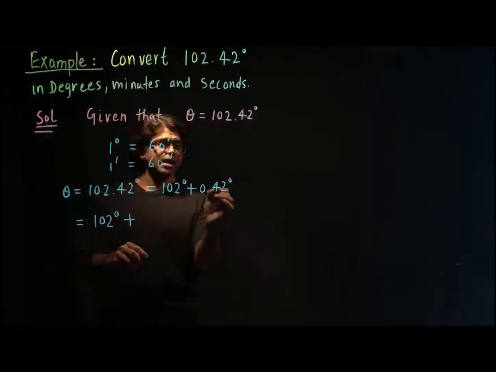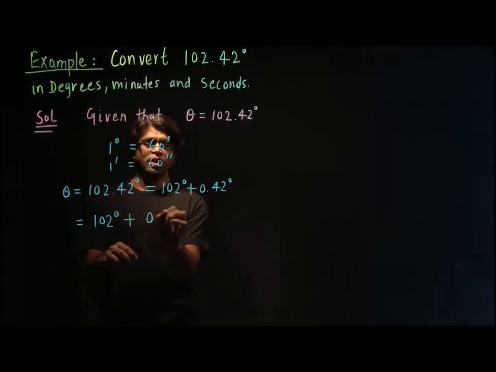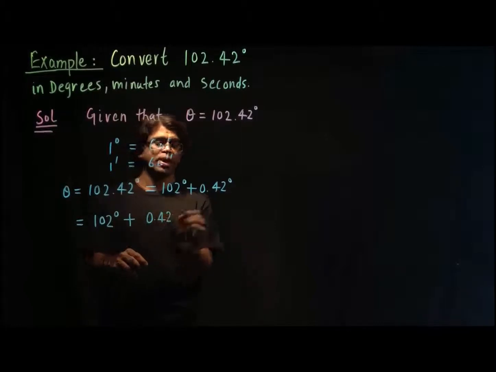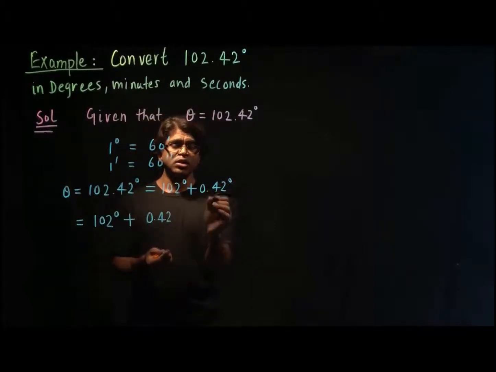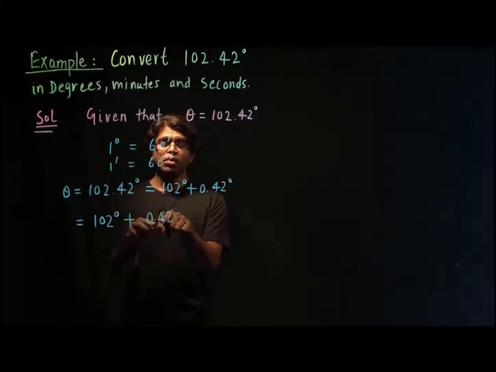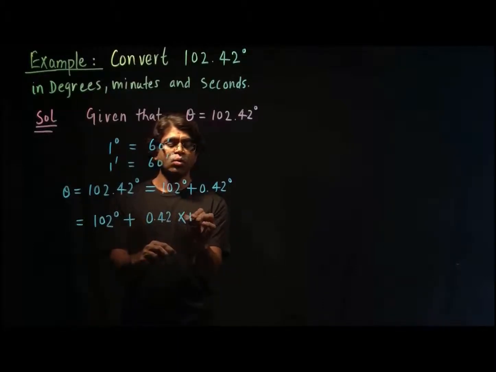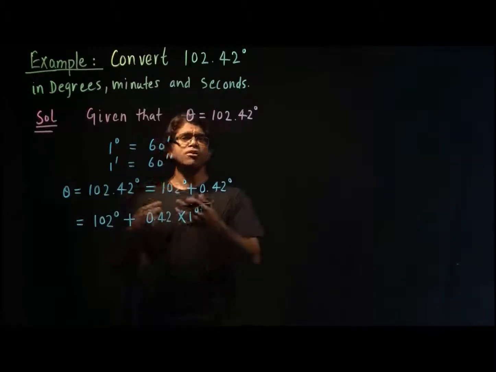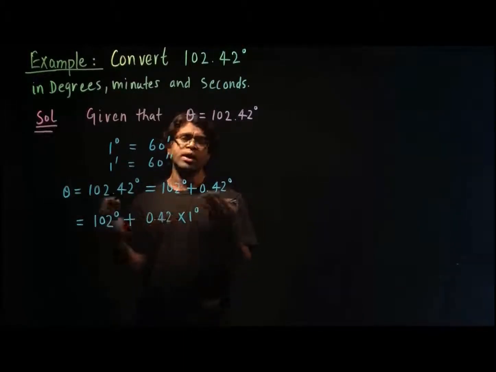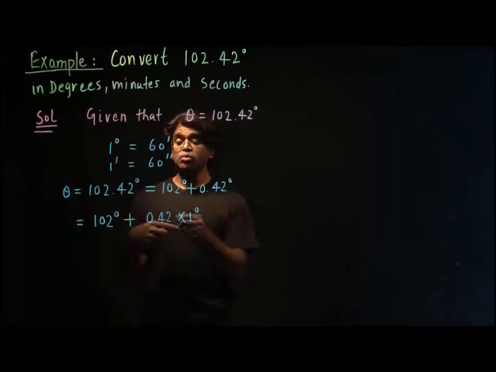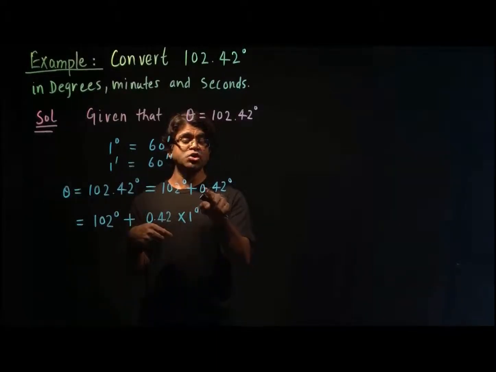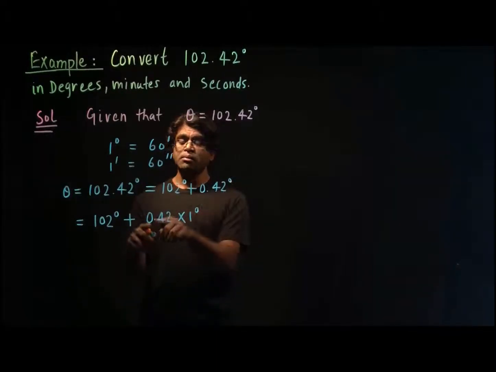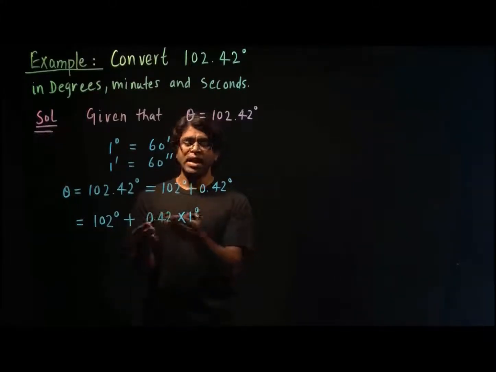But my second angle is 0.42, which is basically a decimal. So I can write 0.42 times 1 degree. If you multiply something times 1, it's the same number. That's what I'm doing. Instead of writing 0.42 degrees, I'm writing 0.42 times 1 degree, because that is basically the multiplication of these two numbers.